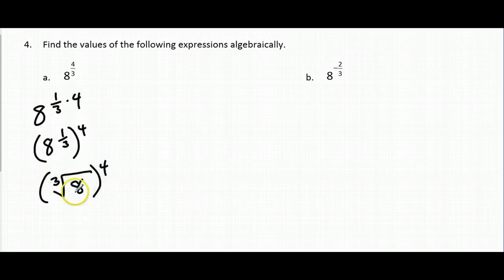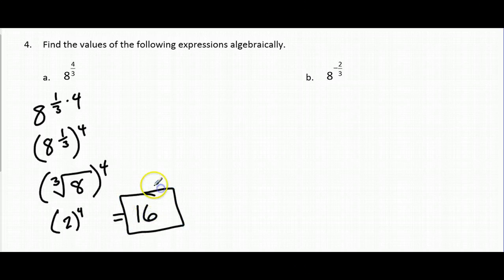And the cube root of 8, we said, is what times itself 3 times gives us 8. That answer is 2 to the 4th power. 2 times 2 times 2 times 2 equals 16. So 8 to the 4/3 power equals 16.